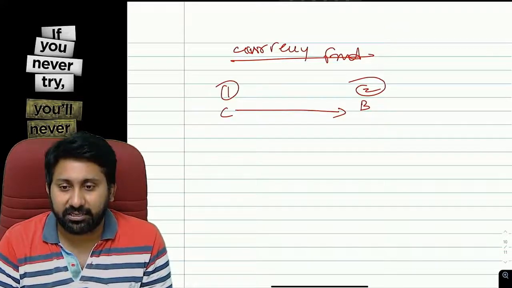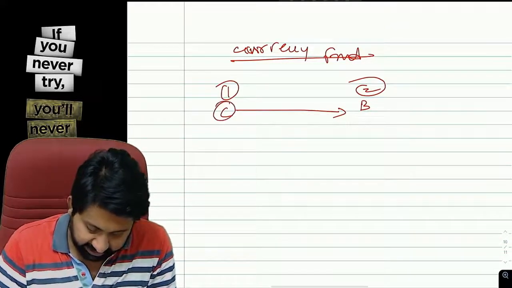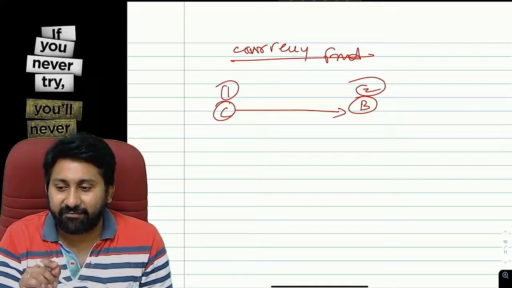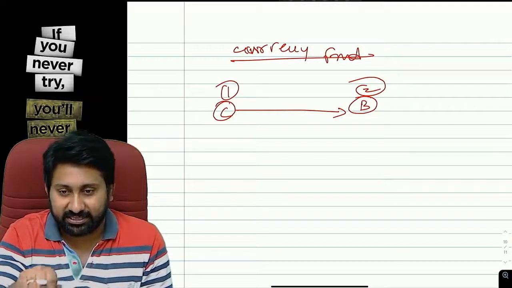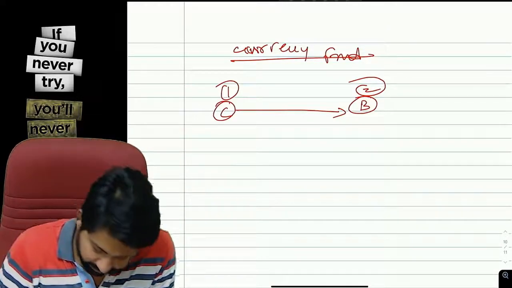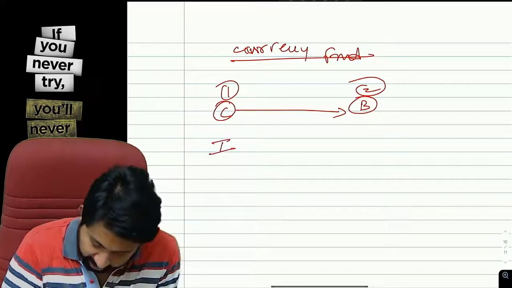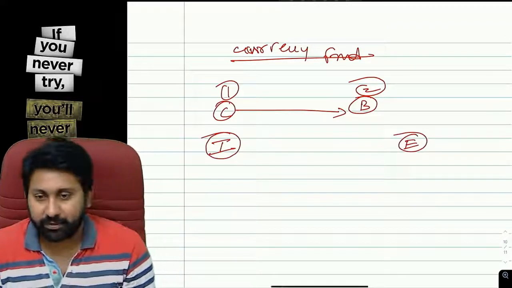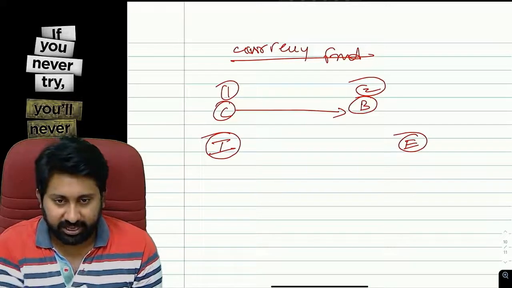In the currency market, there is a customer, there is a banker. Banker will buy and sell currencies. He is not a mediator between two persons. There is an importer, there is an exporter.